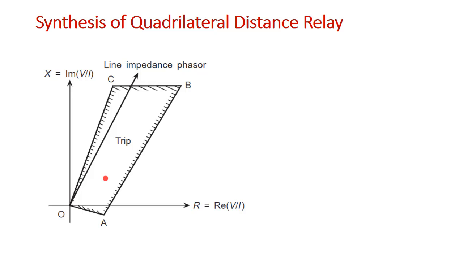So this type of quadrilateral distance relay is in fact composed of various characteristics. We can see here, the upper portion is a kind of reactance relay characteristic, because it is parallel to the R axis, right.